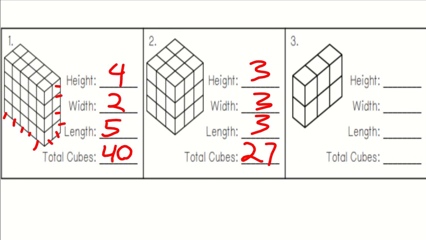That one you can actually see all of them. Height would be 2, width 1, length 3. 2 times 1 times 3 still gives you 6. Okay? Easy enough, right? Most of the ones you see aren't going to look like those though.